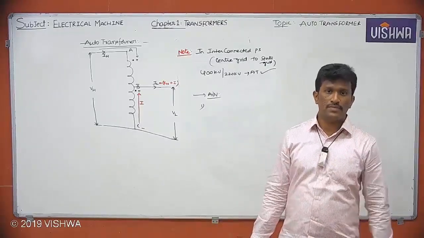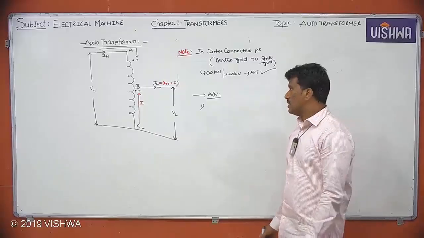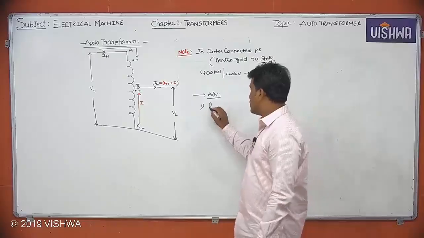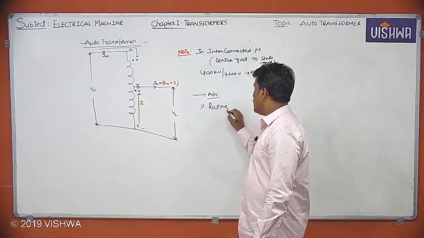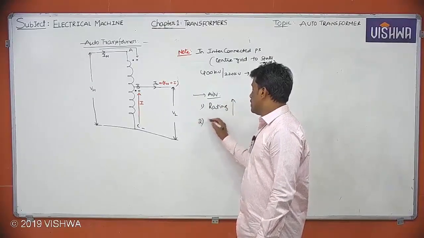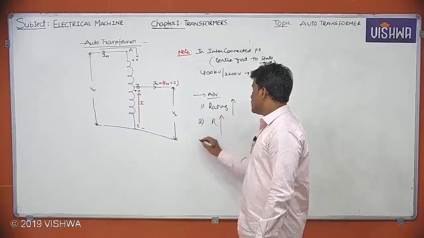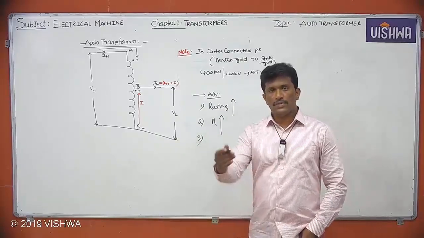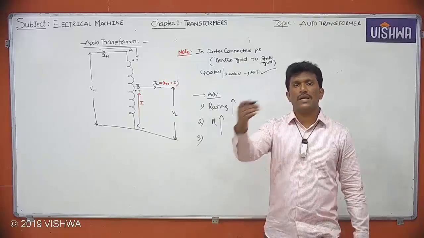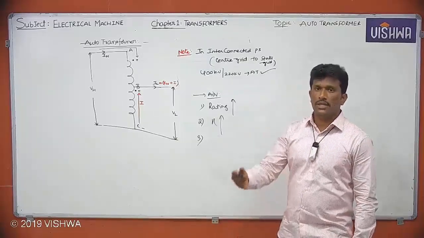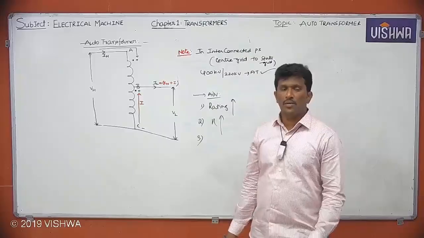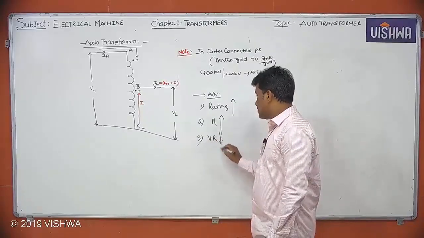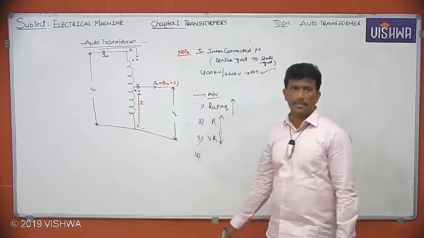So rating increases, and whenever rating increases, efficiency also increases. Third, leakage flux will be less, so leakage reactance will be less, voltage drop will be less, and voltage regulation will be less.